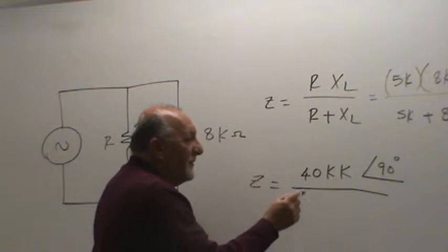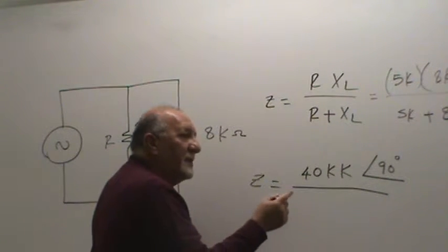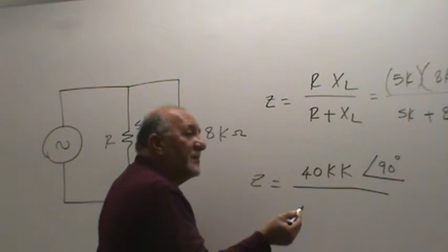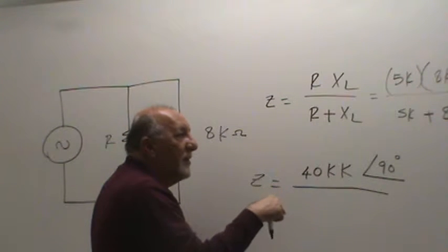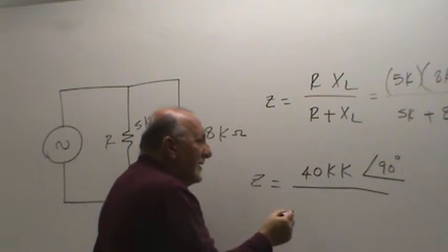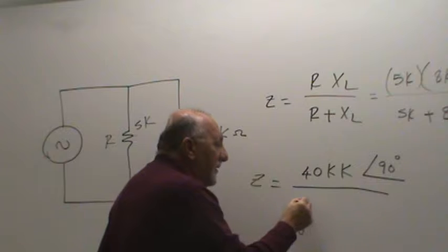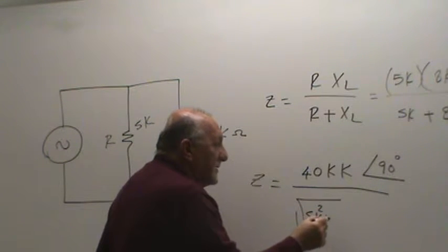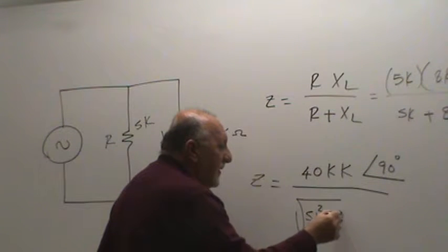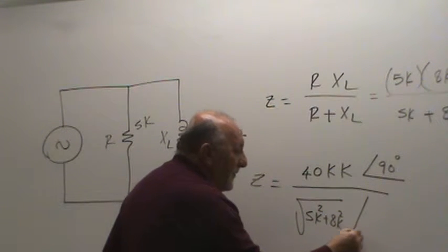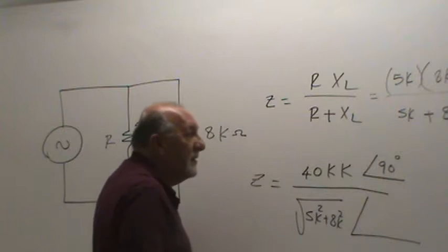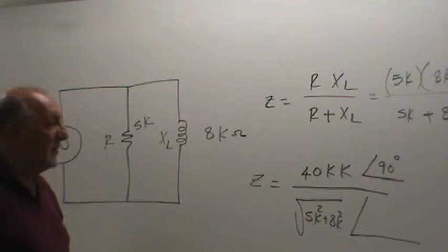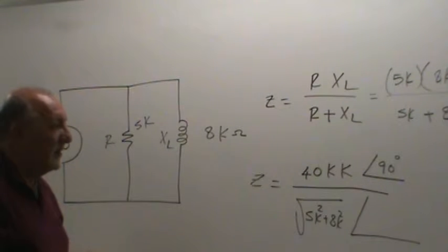Then down here I have 5 and 8, and what we've got to do in this case is convert it from rectangular into polar. So that will be the square root of 5K squared plus 8K squared, angle of 0 plus 90, would it be?